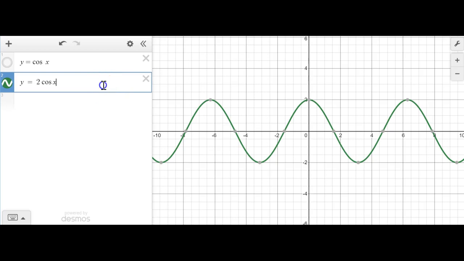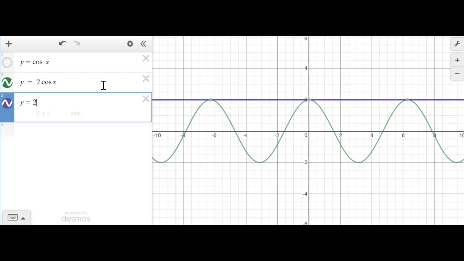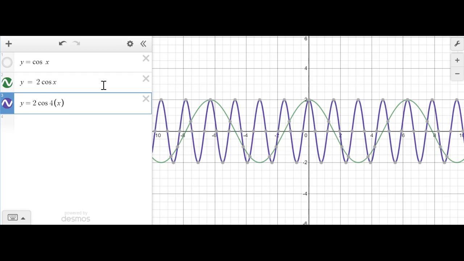Okay, so we said that the next thing we're going to do is change the period. So now we have 2 cosine of 4 times x. All right, so this is the same graph. It has the same amplitude, but instead of cycling every 2 pi units, it's cycling between 0 and pi over 2.